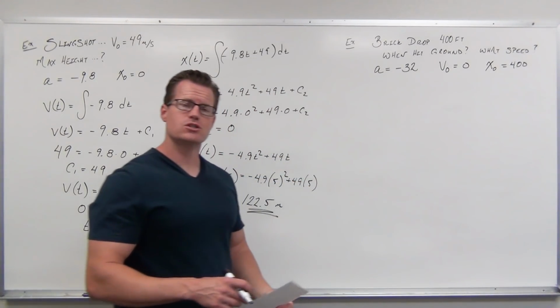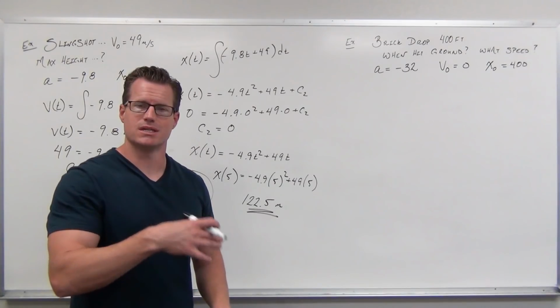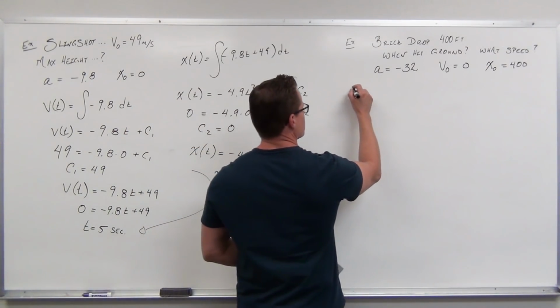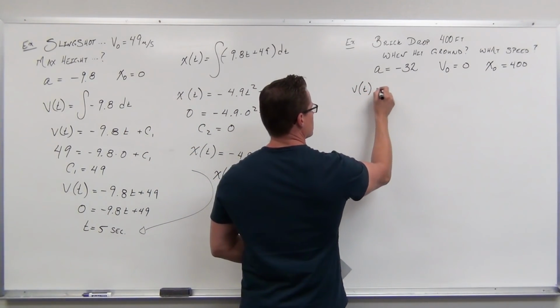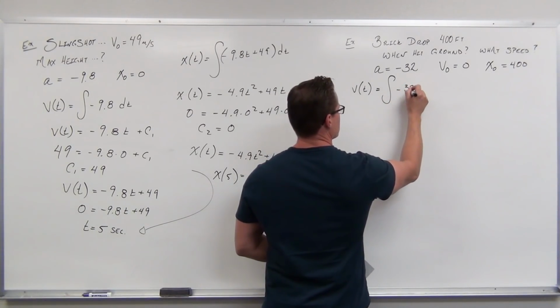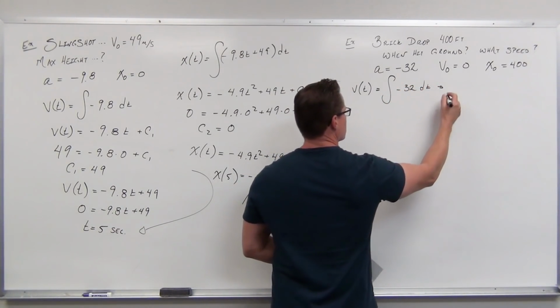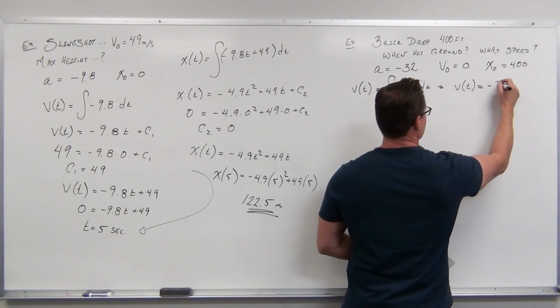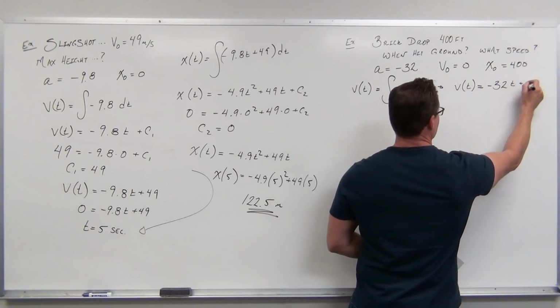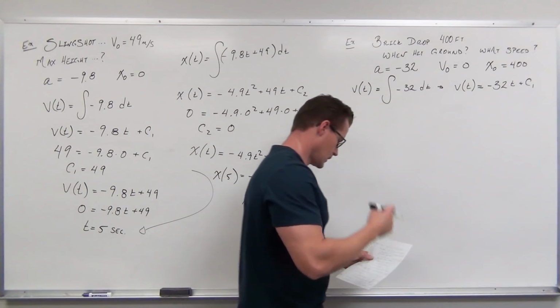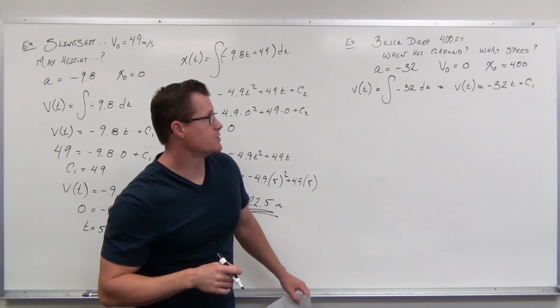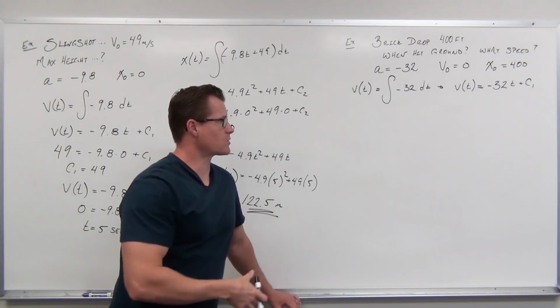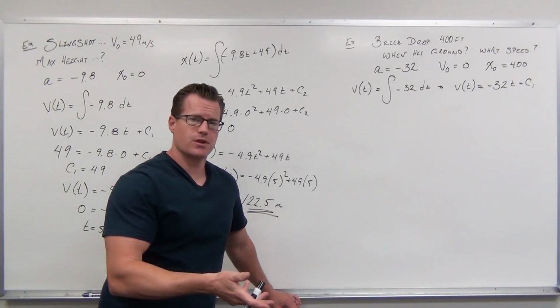Let's get started. Let's do an integral of acceleration to give us our velocity. So we know that we're going to get negative 32t plus c1, just some basic integration here, but we do know an initial velocity. We're dropping it.